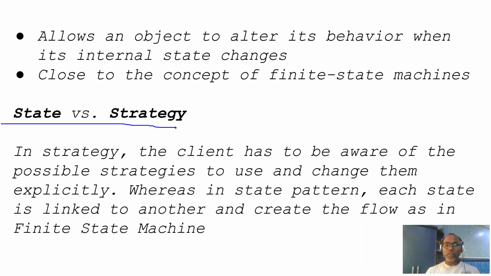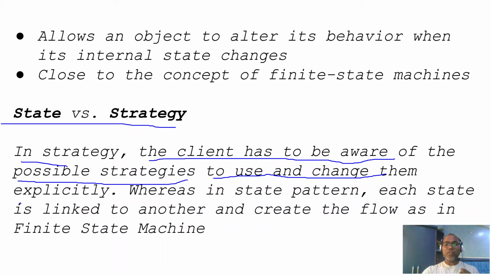But in the case of state, the user doesn't know which is the next behavior. The system, the finite machine, internally knows what the next state is. So in strategy, the client has to be aware of the possible strategies, to use and change them explicitly.